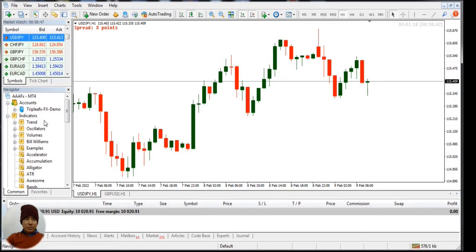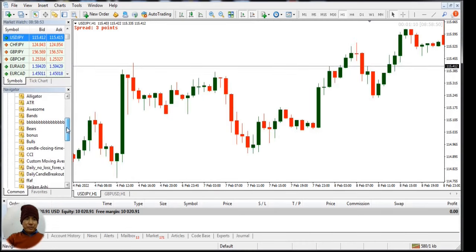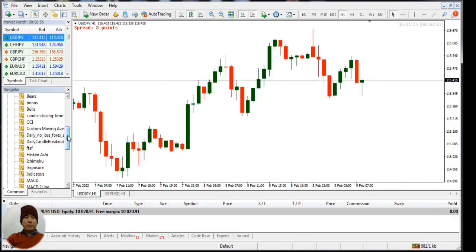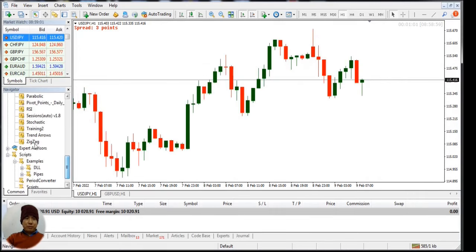And the bottom of this is called the Navigator. This is the section of the indicators, the default ones, or whatever you install, will appear here. And below that you have the expert advisors. So any expert advisor you install in MT4 will be shown here, and below that is the scripts.